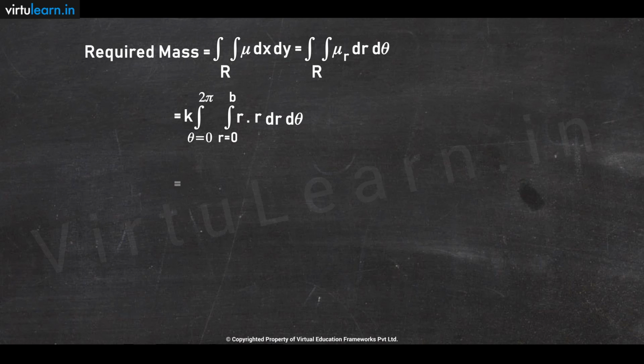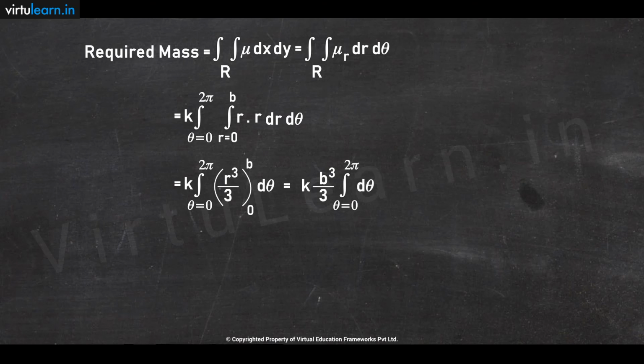So the integral becomes k times integral theta is equal to 0 to 2 pi of r cube by 3 to be evaluated at 0 and b d theta. Substituting the limits, we get k b cube by 3 into integral theta is equal to 0 to 2 pi of d theta. Integral d theta is theta. Substituting the limits, we get 2 pi. So finally the value of the integral becomes 2 by 3 k pi b cube.